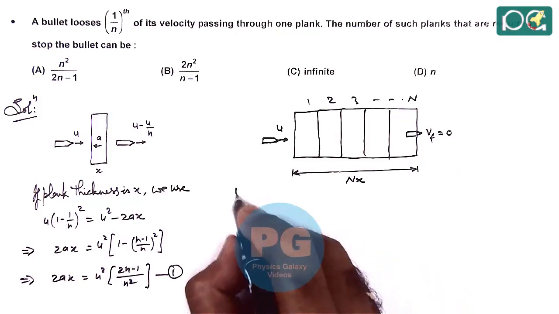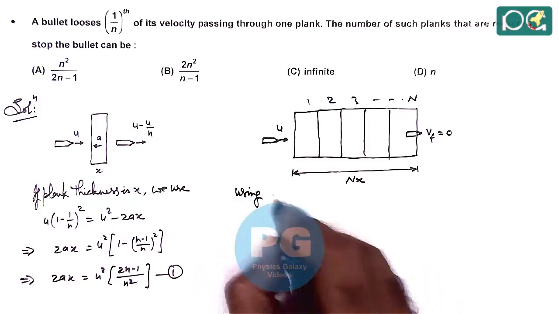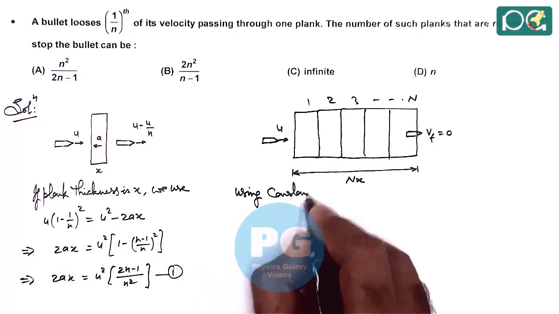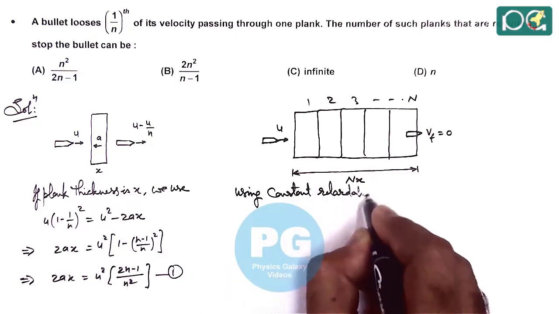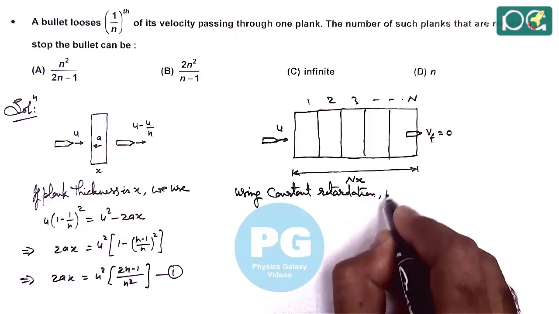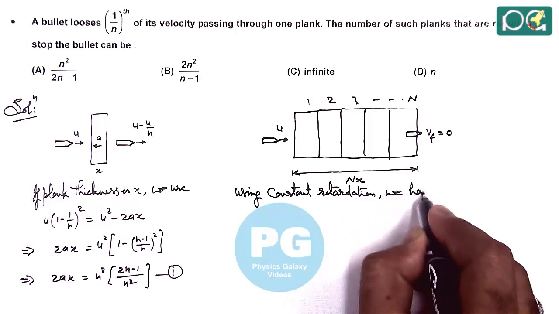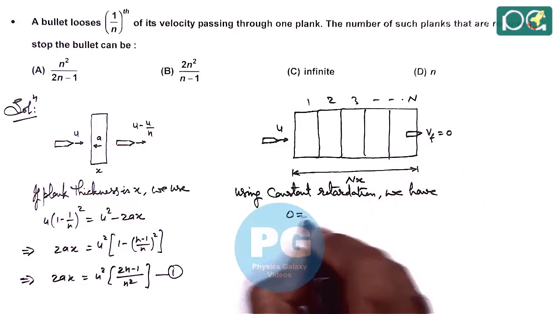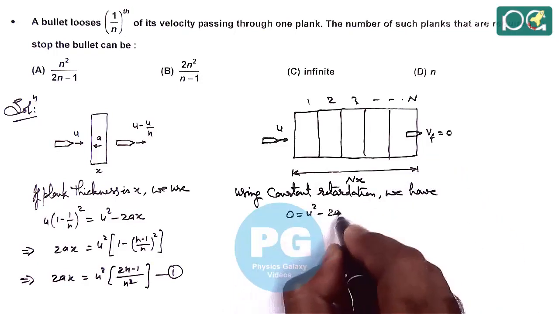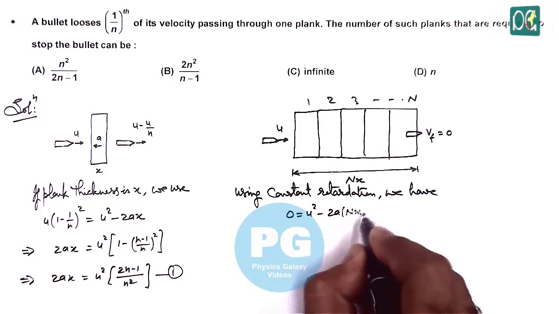So here, using constant retardation, we can write v final is 0, so 0 is equal to u square minus 2a, distance now will be nx.